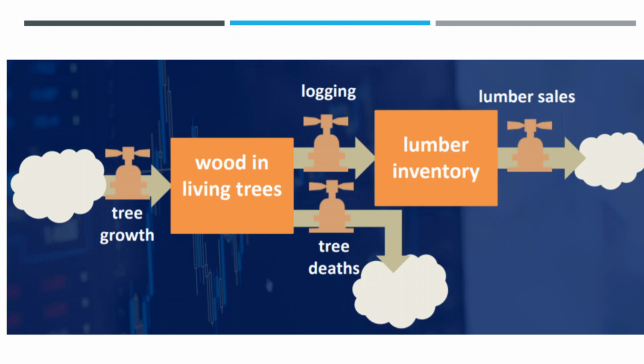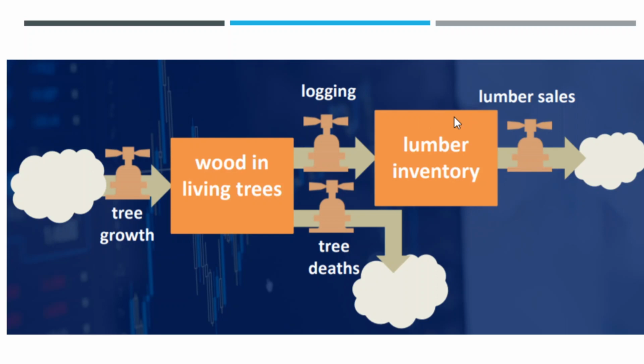So, syempre, bawas na yun. Next, tree deaths. Halimbawa, naturally, namatay lang tong puno or nagkaroon ng virus, may bacteria na naging cause para mamatay yan. So, nababawasan yung woods in living trees. Okay? Now, again, sabi ko nga kanina, this is an outflow for this particular stock, pero inflow siya to another stock.